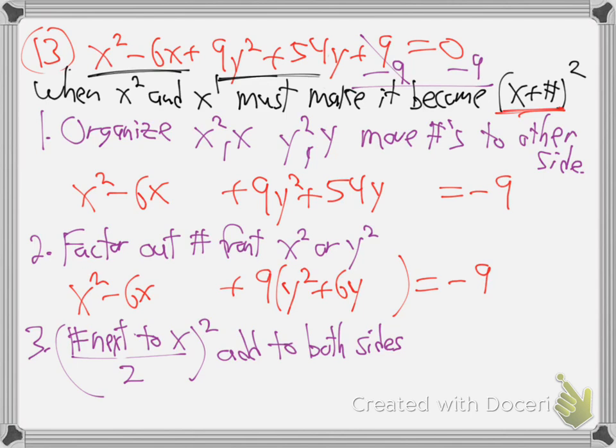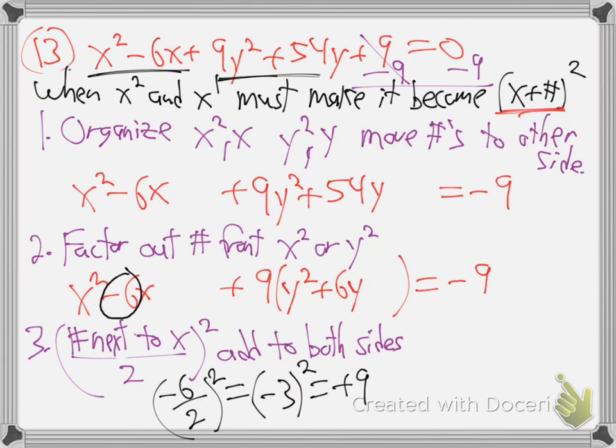Okay, how are we doing? That's okay. So you grab that number right there next to x, put it over 2 squared, which is minus 3 squared, which is plus 9. And then you add 9 to the left side, but you have to also add it to the right, so you're not changing the equation. We have to keep the balance. Got to do the same thing to both sides.